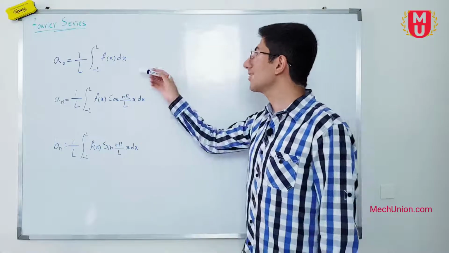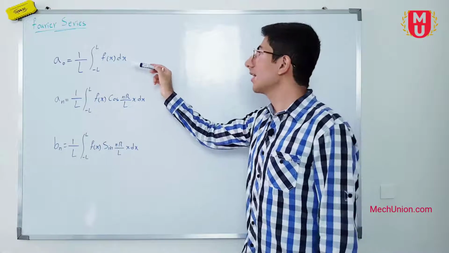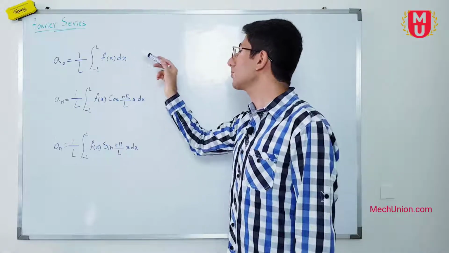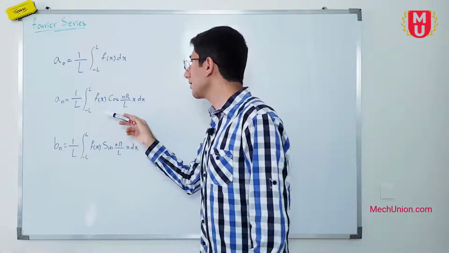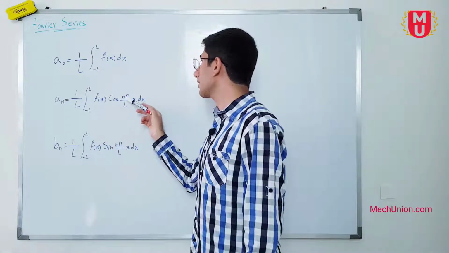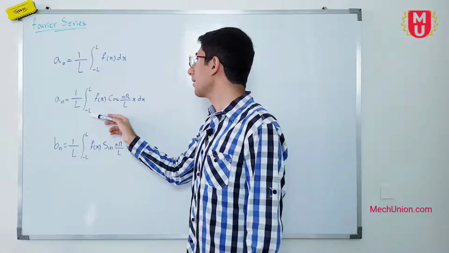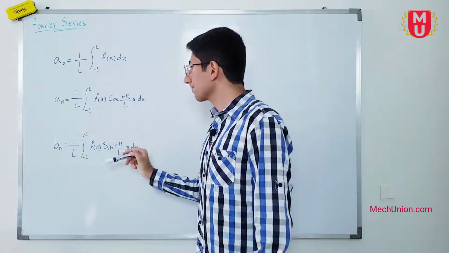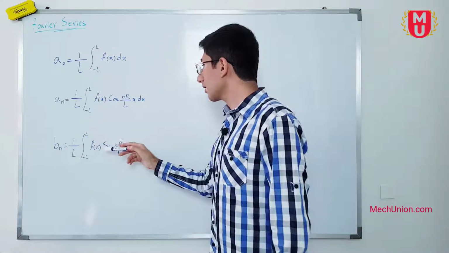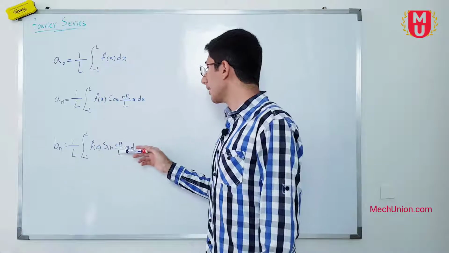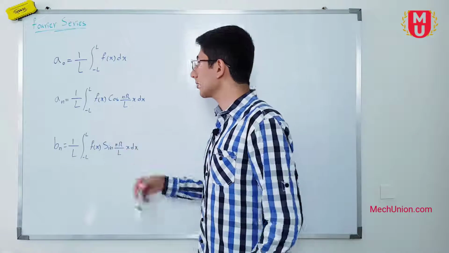A naught equals 1 over L integral of f of x dx from minus L to L. And an equals 1 over L integral of f of x cosine n pi over L x dx from minus L to L. And bn equals 1 over L integral of f of x sine n pi over L x dx from minus L to L.